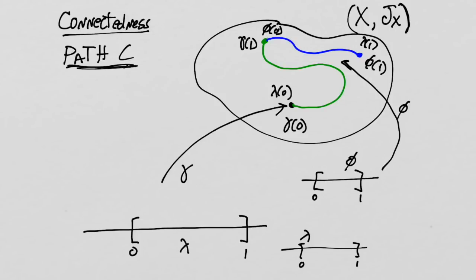But if I tried to say something like, oh, the set of all paths must be a group, that's not really true, because I can have a path over here, and the logic I just used can't be used to combine this path with this green path, because they don't share an endpoint. You would have to follow the green path, but then have this discontinuous jump over here, and any function I made that mapped the real line into a path that does this wouldn't be a continuous function.